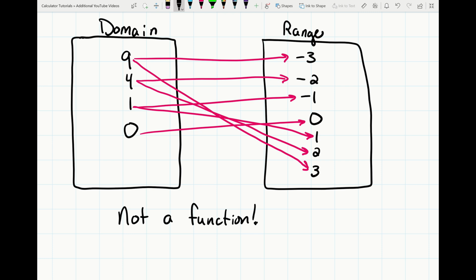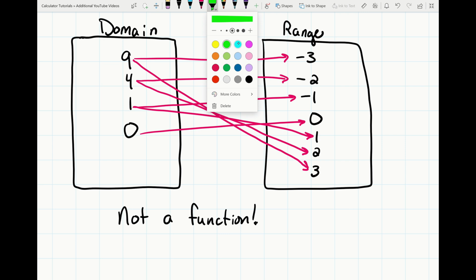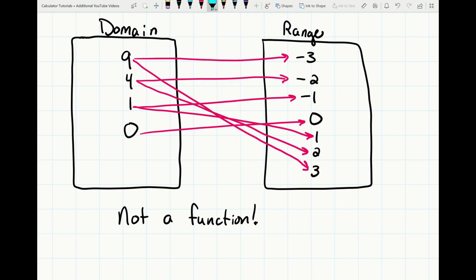All right, now let's understand why. I'm going to highlight the bad elements in this problem, and they're right here: 9, 4, and 1. If you look at the number 9, for example, notice that 9 maps to negative 3, but it also maps to positive 3.